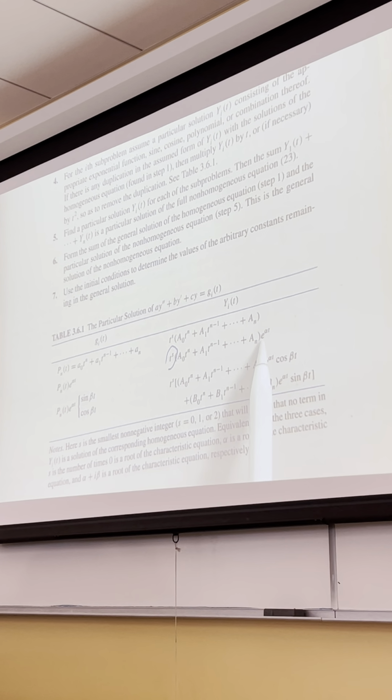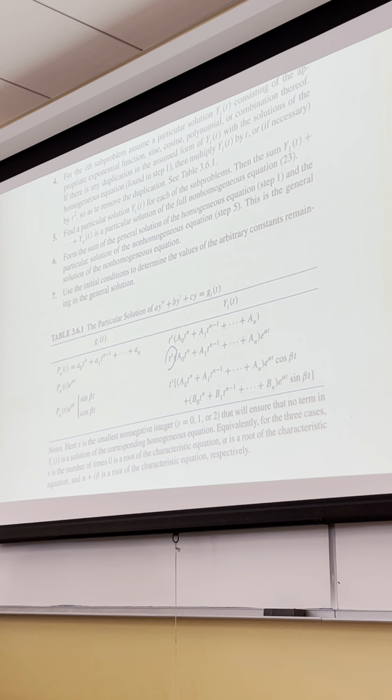If you have a polynomial and an exponential and a sine or cosine, so here's what I want to talk about. If you have, let's just say, a sine of x on the right side, that means your second derivative, first derivative, and the function itself combined give you a sine.